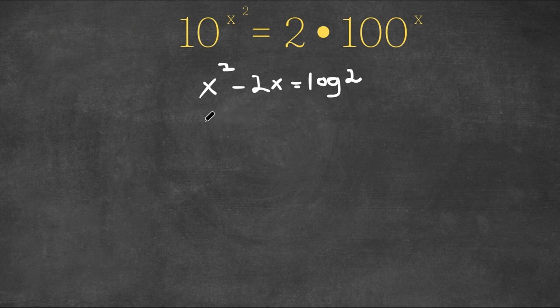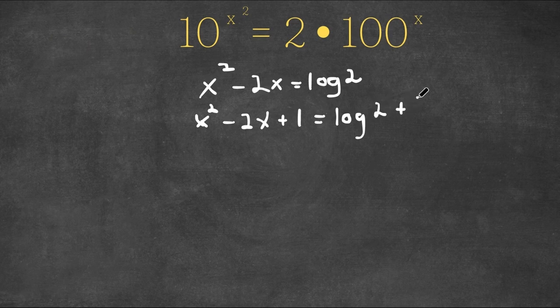Now I'm going to add 1 on both sides. So now we have x squared minus 2x plus 1 is equal to log 2 plus 1.